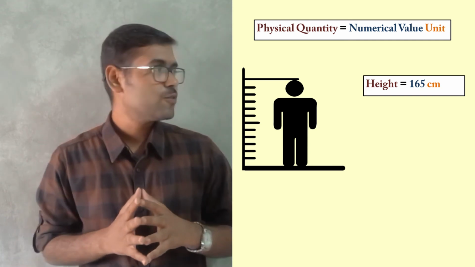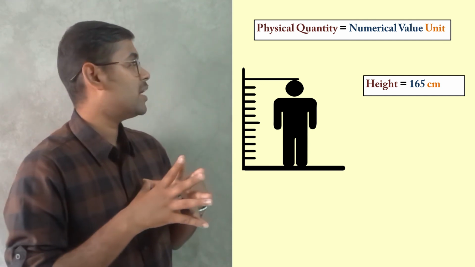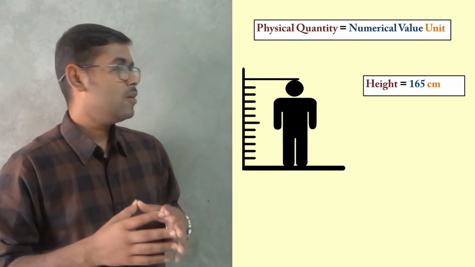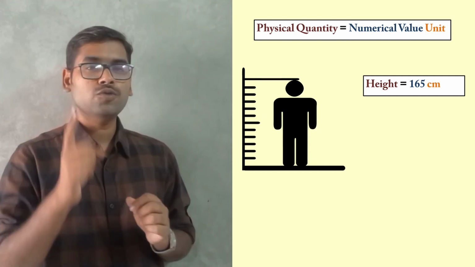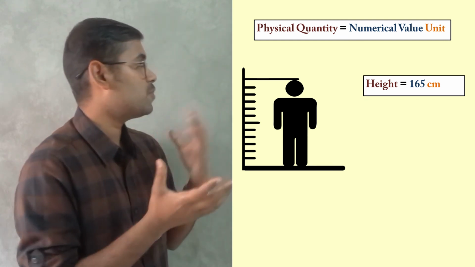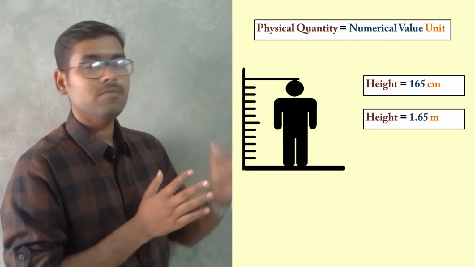Let us find answer to this question using the same example. Here I have expressed my height in centimeters. My height is 165 centimeters. Now what will happen to the numerical value if I choose bigger unit than centimeter? Let's say I choose to express my height in meters. Then my height will be equal to 1.65 meters.